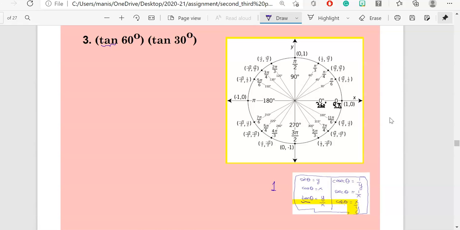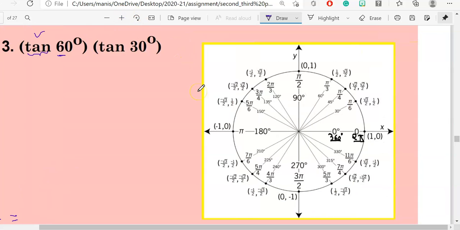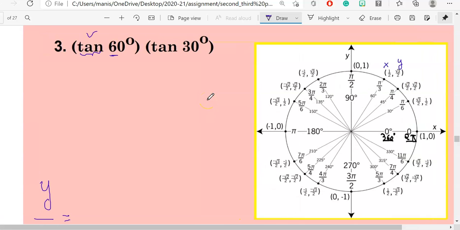Y over x. So I'll write y over x over here. Check. Second one is 60 degrees. So in this chart over here, let me zoom in. There you go. So this is my 60 degree. This is my value of x. This is my value of y. Our formula over here says y over x.